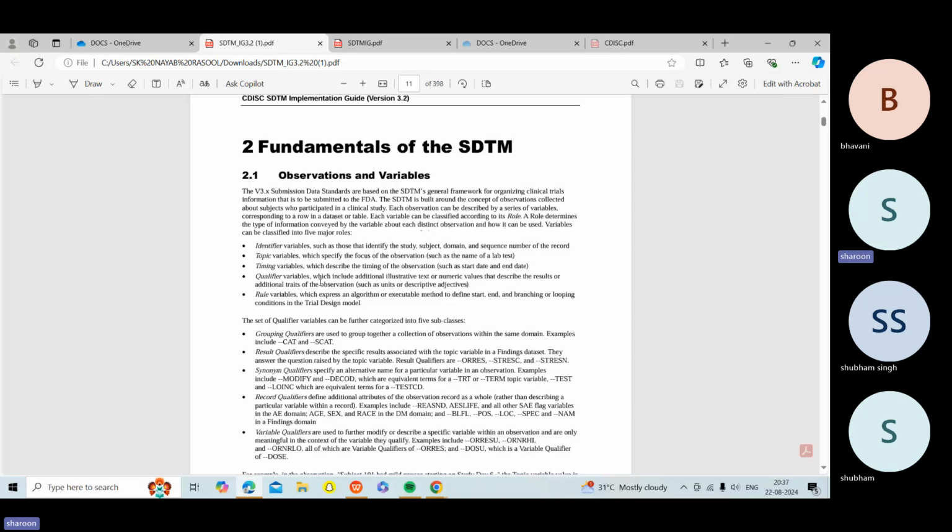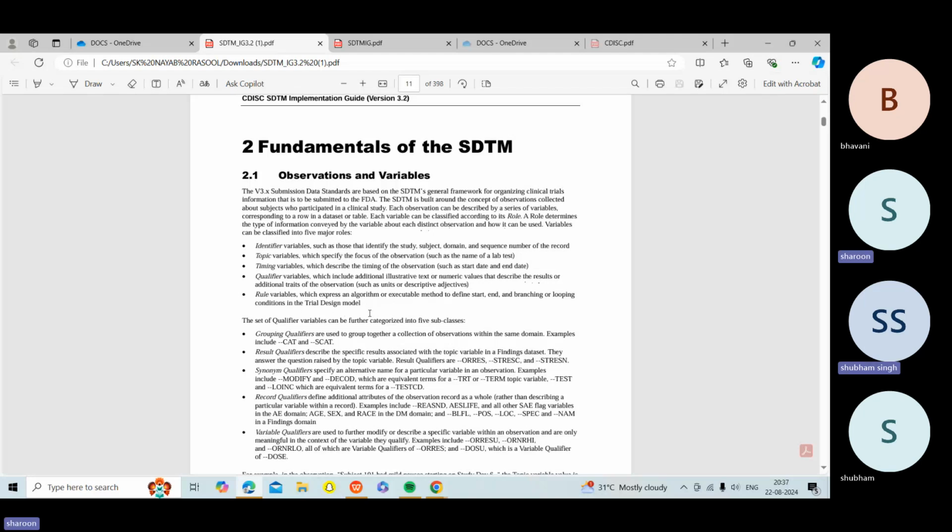Qualifier variables, which include additional illustrative text or numeric variables that describe the results or additional traits of the observation, such as units or descriptive adjectives. Rule variables, which express an algorithm or an executable method to define start, end, and branching or loop conditions. This much is fine.